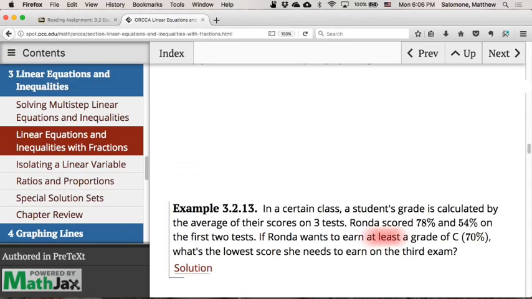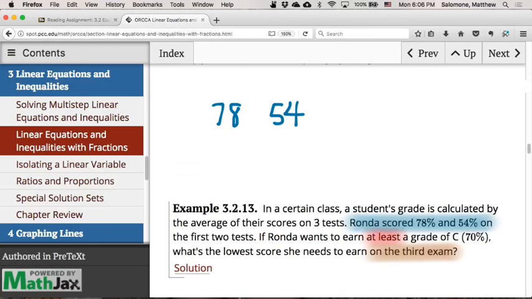So we know that her first two tests were 78% and 54%. So that much we know, 78, 54. And her third test, that's the test whose score we don't know. And so how should we represent that quantity, given that it's a number whose value is not known right now?